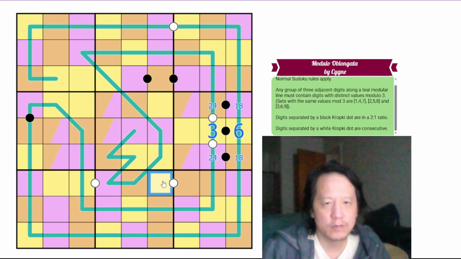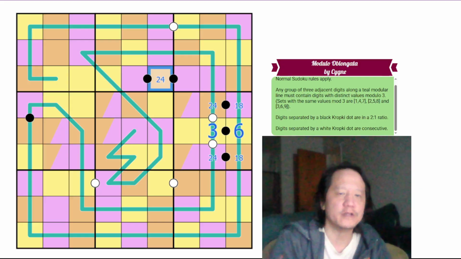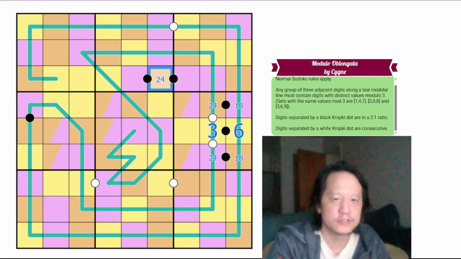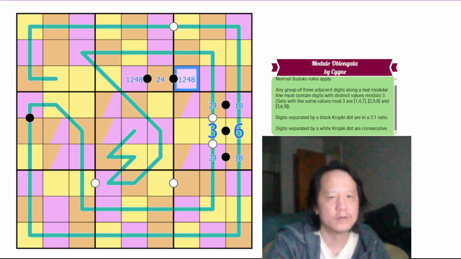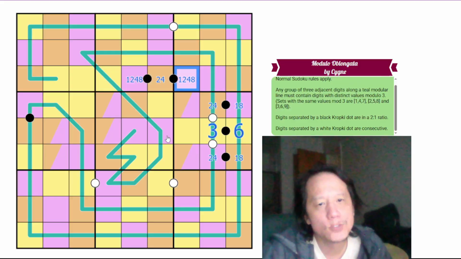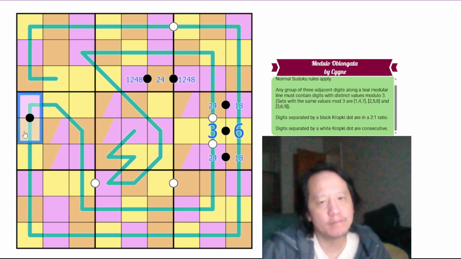Yellow has to be, so this has to be 2 or 4 to be in a 1-to-2 ratio with 2 other digits. So that means if this is 2, this is a 1-4 pair. If this is 4, this is a 2-8 pair here. We have pink and orange here, so this cannot be 3 and 6.